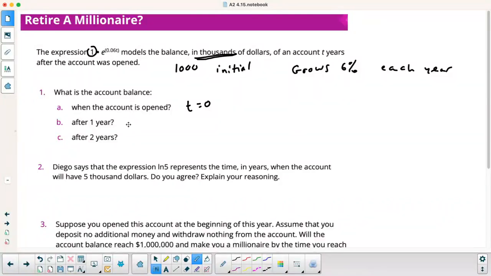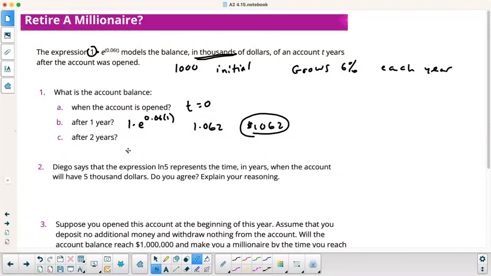Okay. So after 1 year, we're going to plug in 1 for t. So 1 times e to the 0.06 times 1. So I'm going to get 1.062, which is in thousands, so it's $1,062.